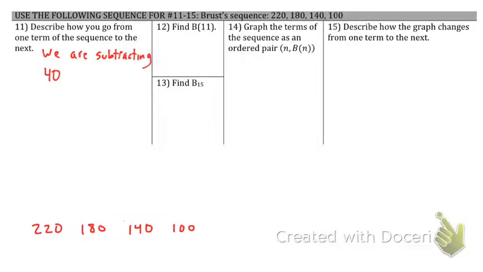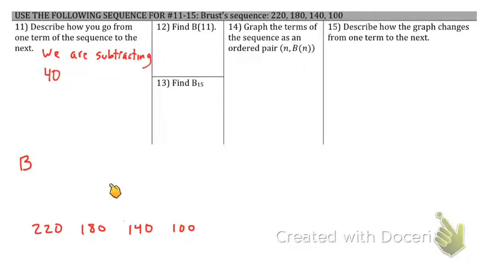All right. Number 12, it says find B11. Okay. So what we want to do is understand that this letter is letting us know that my function, which is represented by my sequence, the name of my sequence or function is B. Okay?